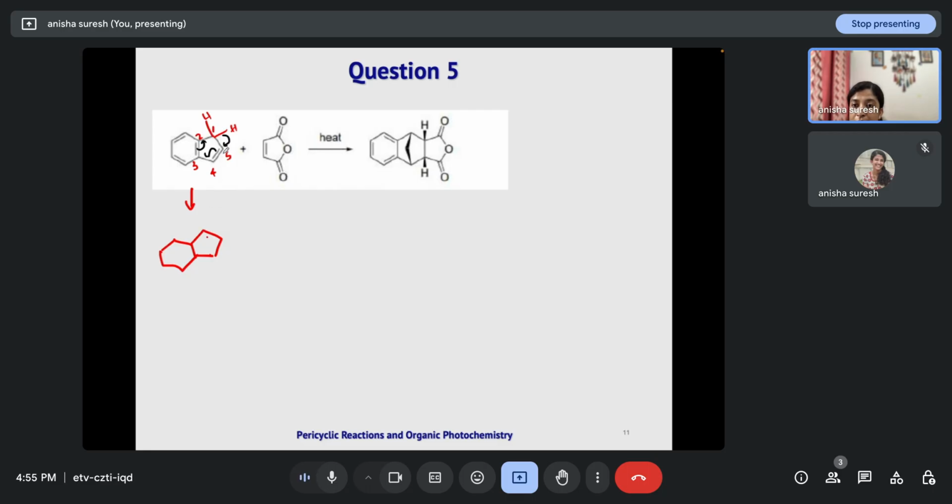This hydrogen is shifting to here, so this double bond will shift here, and this double bond will shift here, and this is the starting material that will be forming.